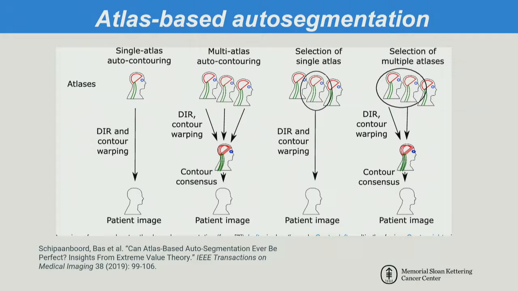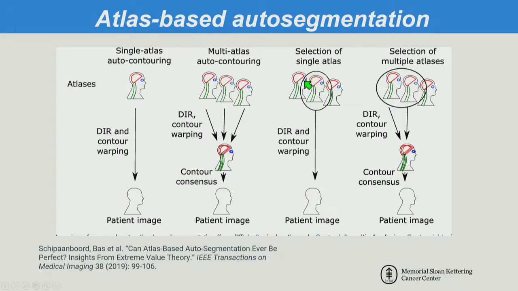You can have multiple atlas, multi-atlas, so you have multiple patients in your database or fake patients or prior patients. And then you deform those to your new patient, and you will get different things, of course, because deformable image registration, as we have seen these days, is not completely accurate. And then you arrive to a contour consensus that you can use.